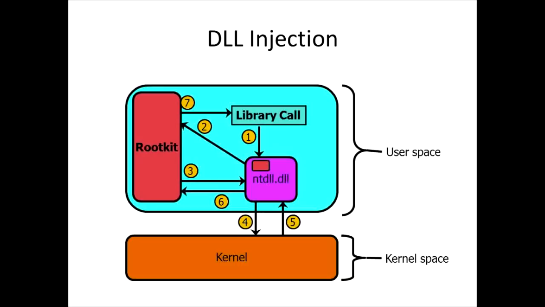DLL injection literally means that unsuspecting applications run by the user are infected with new code through the malicious software. The malicious software literally pushes a whole new evil DLL, if you will, into legitimate user processes. That's the red rootkit box on the left-hand side of the picture.